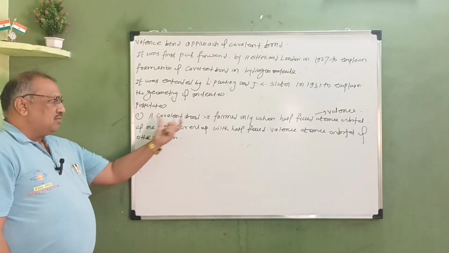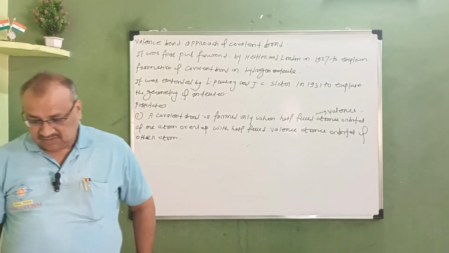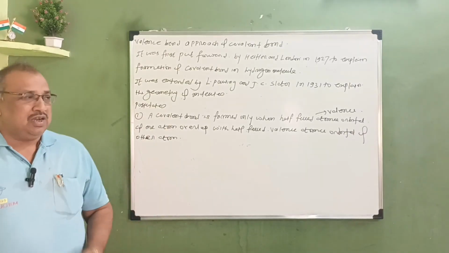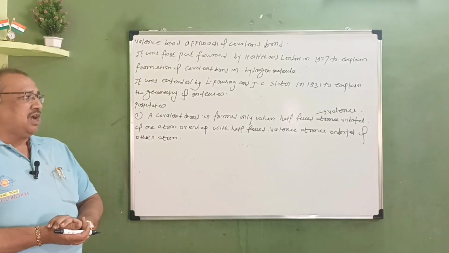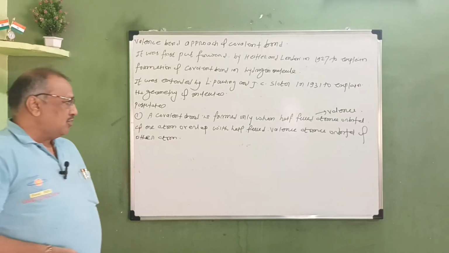A covalent bond is formed only when half-filled valence atomic orbital of one atom overlaps with half-filled valence atomic orbital of another atom.